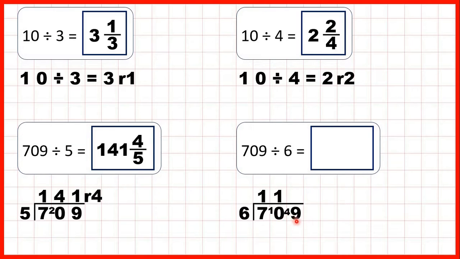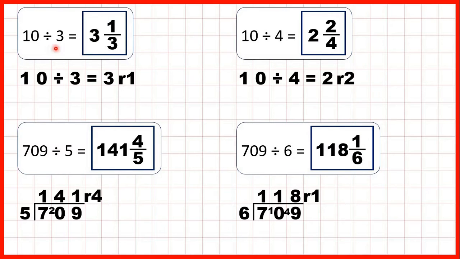And 49 divided by 6 is 8 remainder 1, because 8 times 6 is 48, then we need 1 more to get to 49. But again, we can write our remainder as a fraction. 118 is our whole number, then 1 is our numerator because that's the remainder, and then 6 is our denominator because that's the number that we were dividing by. So our answer is 118 and 1/6.